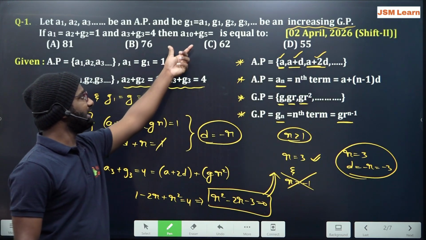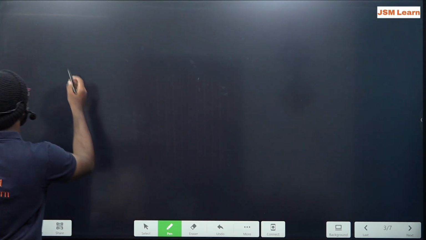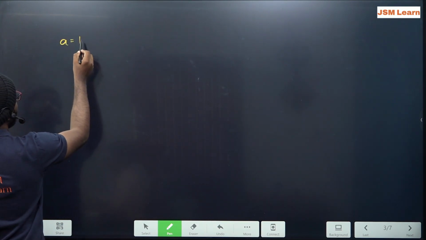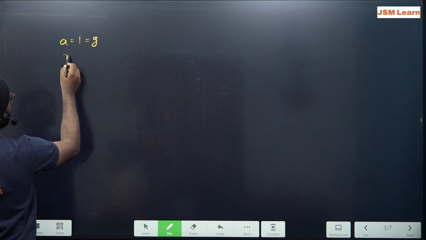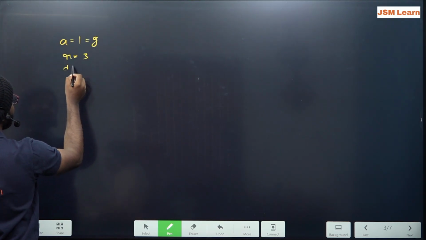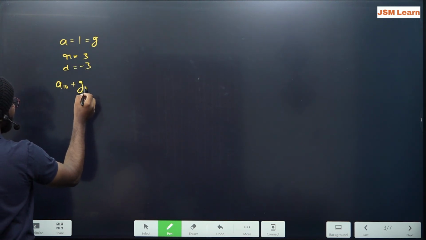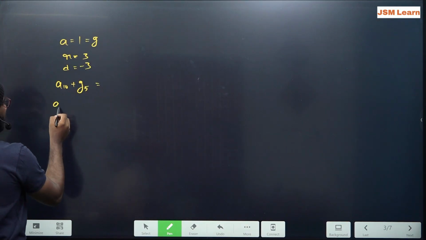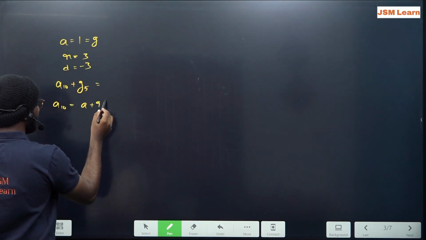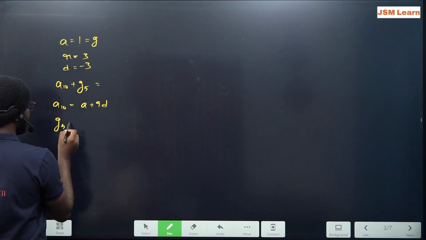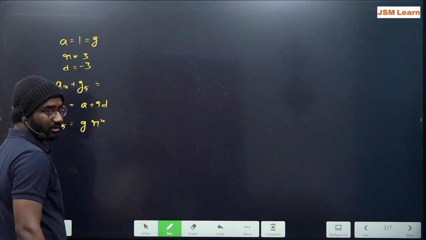Now we are going to find A10 plus G5 value. So we got A equals 1 and G equals 1, R equals 3 and D equals minus 3. We know A10 is the 10th term of AP, that is equal to A plus 9D and G5 is the 5th term of GP, that is equal to G into R to the power 4, right?